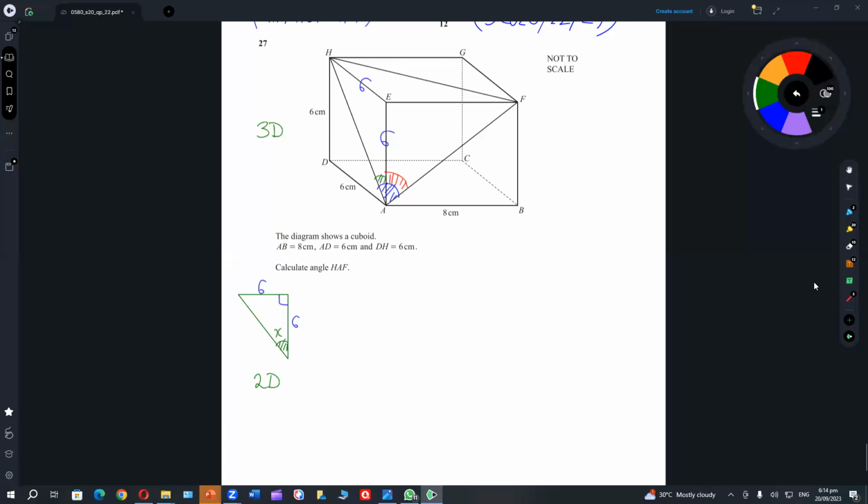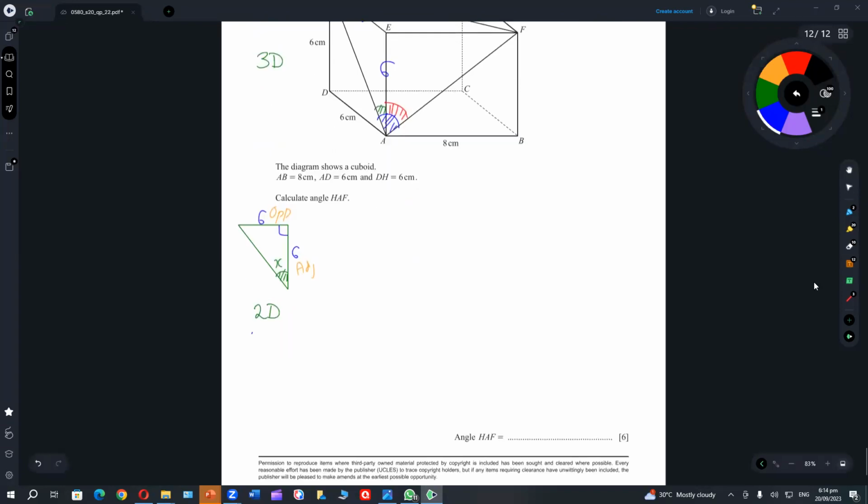Can you help me to find X? For X, you can do this. You can use the tan formula to find X. I think, sir, for this, it's going to be 45. Hmm. I did this, yeah.